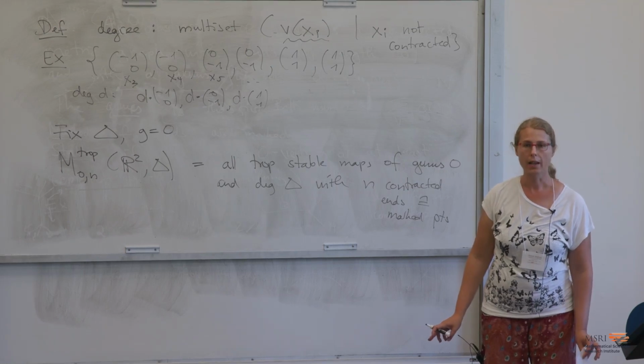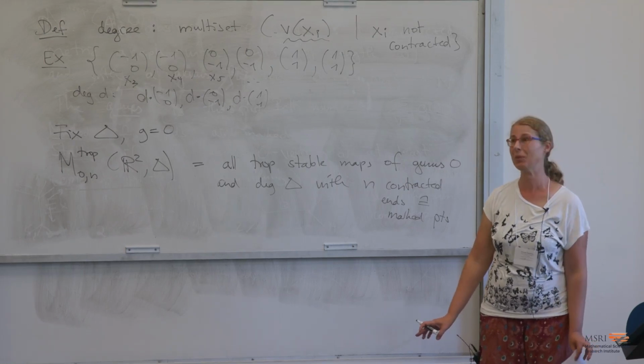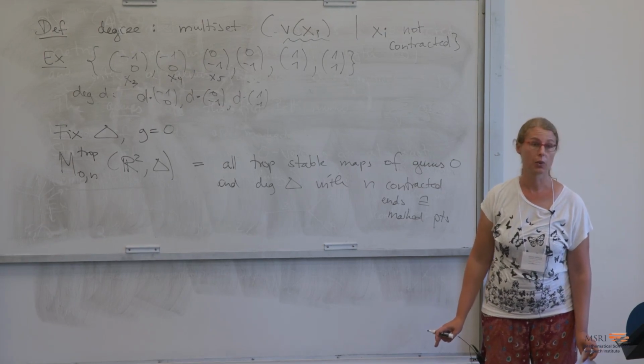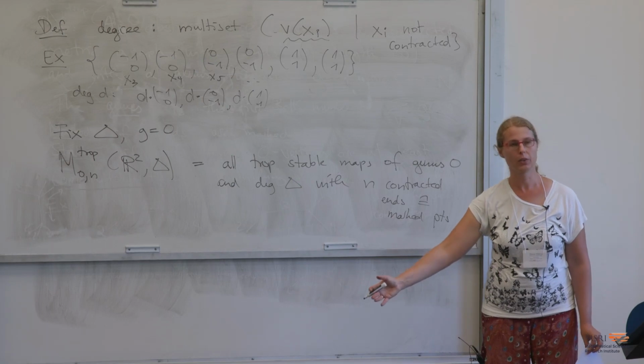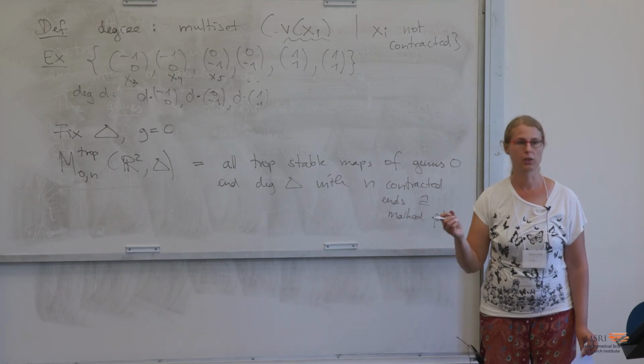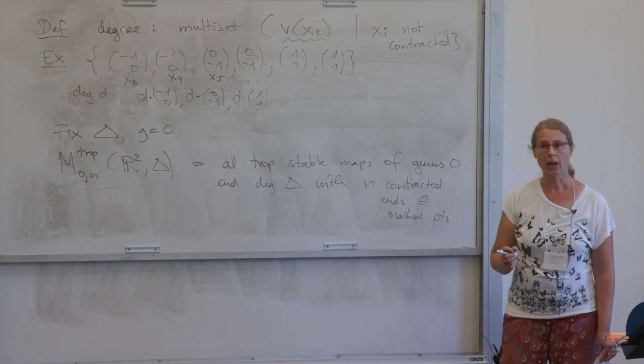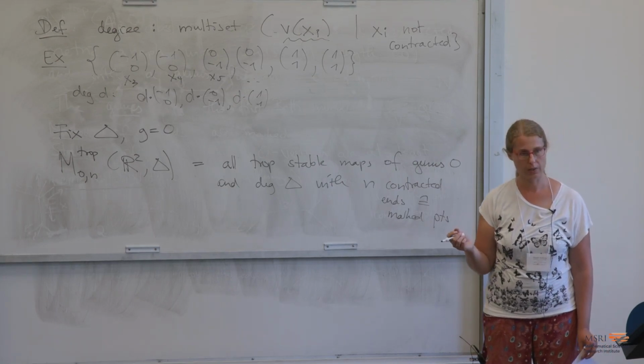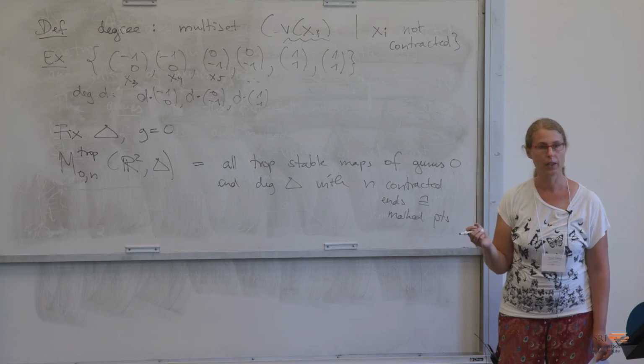And I agree with this notion of degree as long as we are in P2. If we're talking about plane curves in P2, then of course they have a degree which is just a number. But now we can also think about algebraic curves in other toric surfaces than P2.